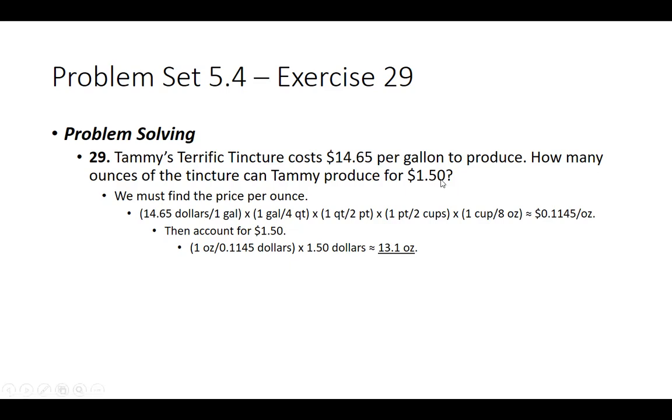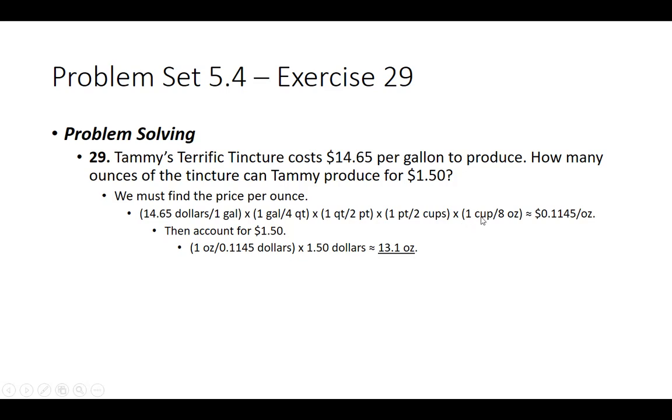Then we want to cancel quarts away. So quarts on top, and we're going to have pints on the bottom. 1 quart over 2 pints. Then we want to cancel pints away. So pints on the top to cancel pints on the bottom with cups on the bottom. Then we want to cancel away cups. By the way, that was 1 pint over 2 cups. We want to cancel cups away to get rid of cups on the bottom.